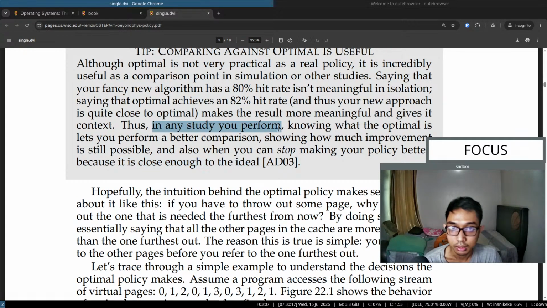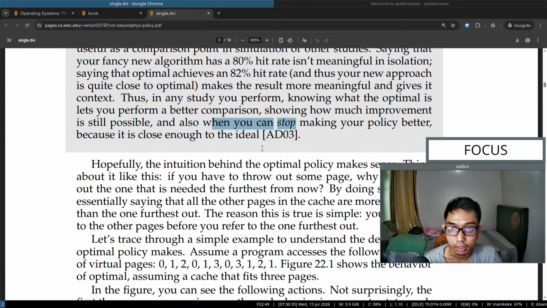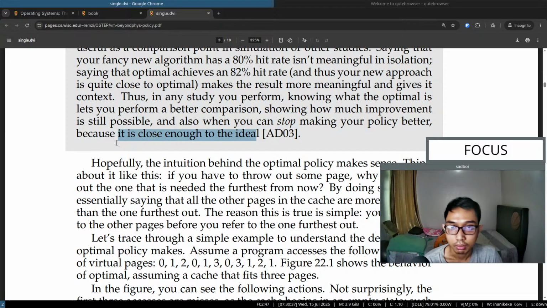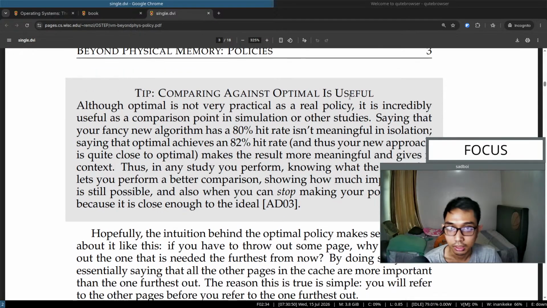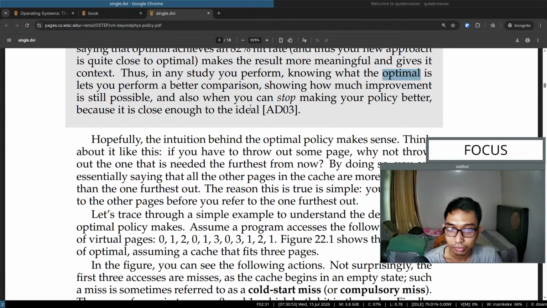And maybe at some point we might also improve the optimal solution, I guess. Who knows, right?